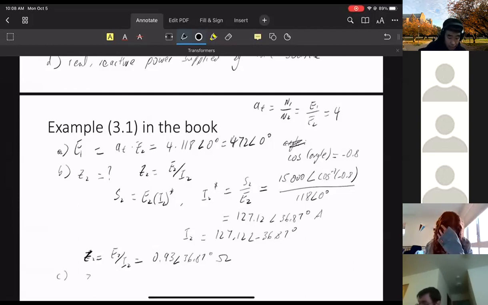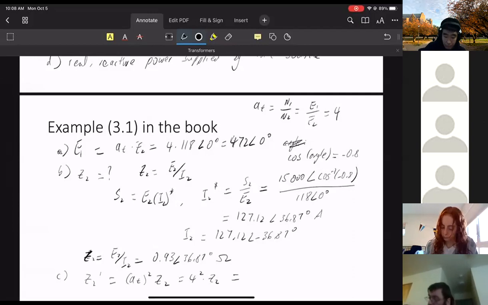Now let's refer this to the primary. Once we refer this to the primary, what we have is a T squared times Z2, so this is 4 squared times Z2. Multiply this out, it is 14.85. The angle doesn't change, degrees.